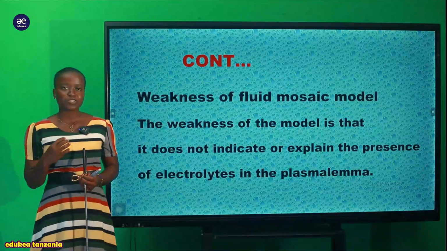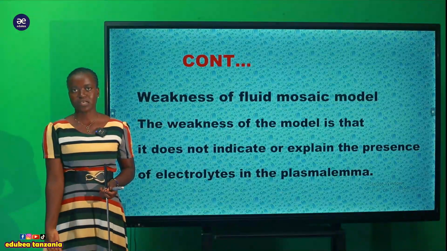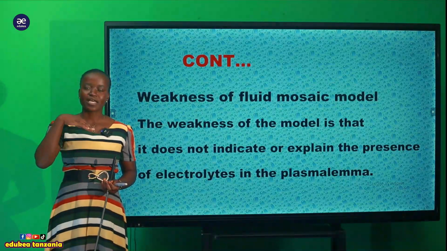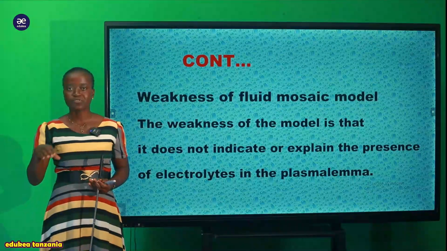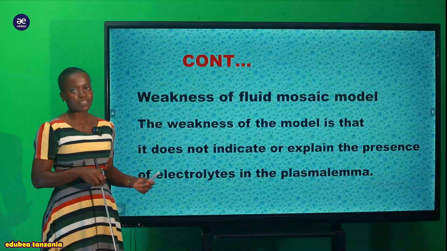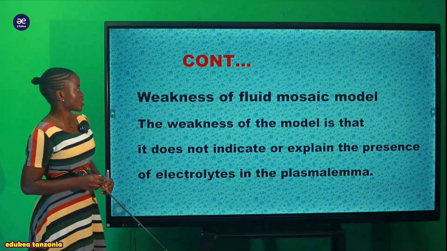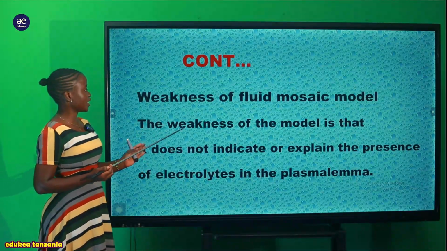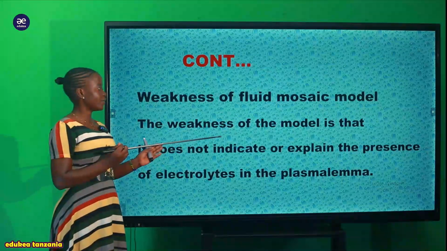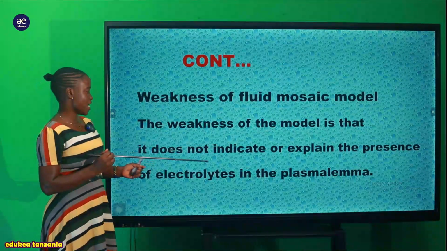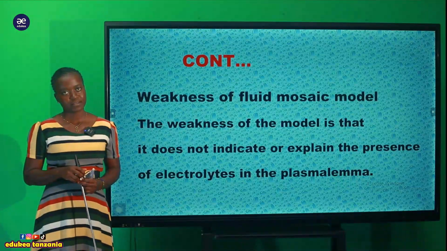So kitu chochote kinachokuwa na strengths, obvious lazima kutakuwa na weaknesses. So every day scientists wanafanya kazi investigate new things. So now what are the weaknesses of this model? So simply we can say that the weakness of the model is that it does not indicate or explain the presence of electrolytes in the plasmalemma.